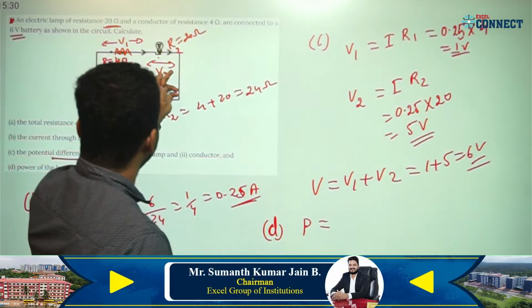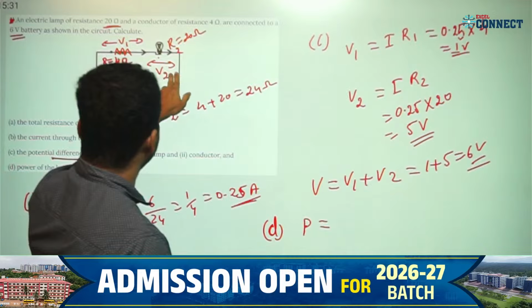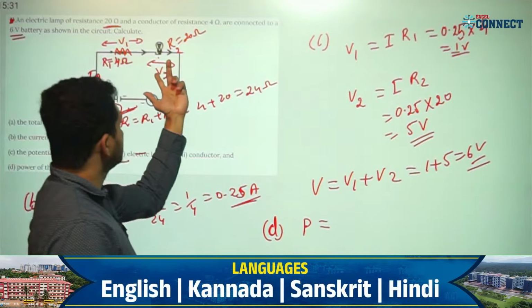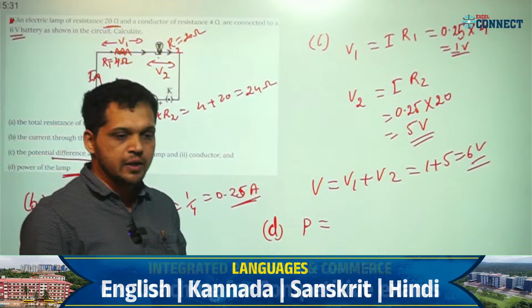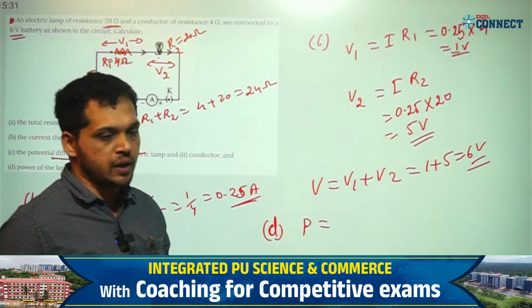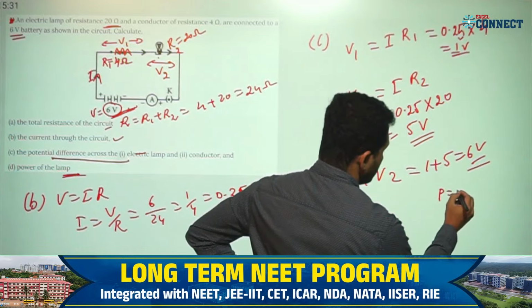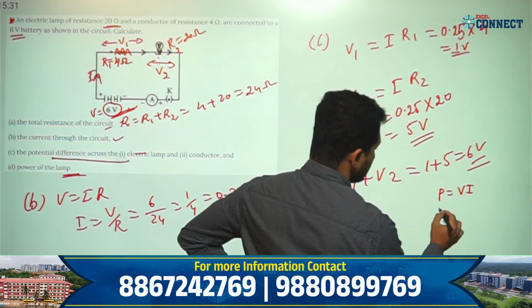Resistance, we can use both the formulas. P is equal to V into I we can use, or P is equal to I square into R we can use, or P equal to V square by R. Three equations are there. I'll write here three equations. P equal to VI, basic equation.